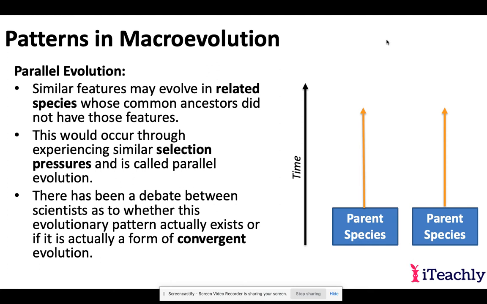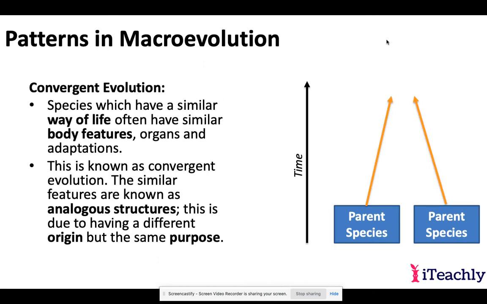There is debate whether this is actually a distinct evolutionary pattern, or if it's more of a convergent evolution. Parallel would be two species evolving side by side, as opposed to convergent. It's not extremely debatable, but there is some controversy here.